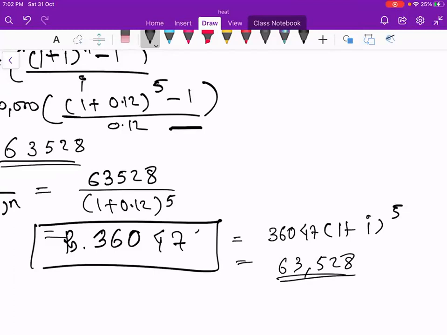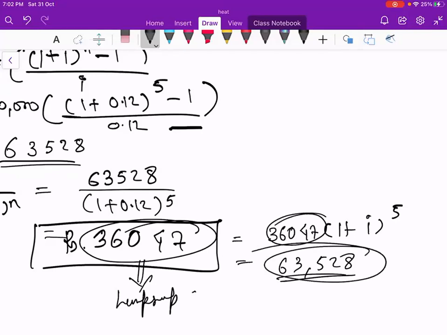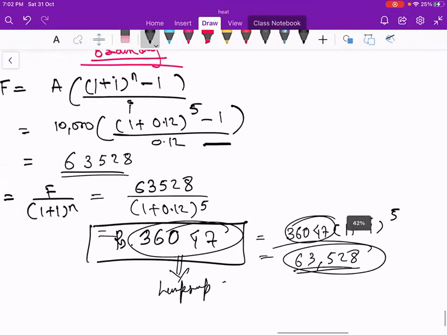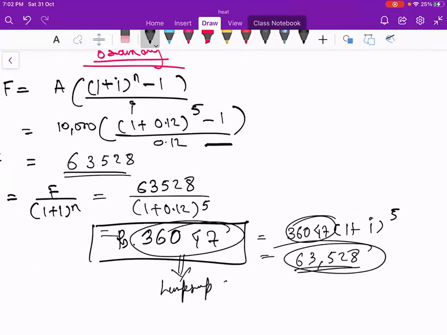So now this 36047 is a lump sum. So do it like this. Now everyone is clear, yes or no? At least those sitting on the laptop can reply.